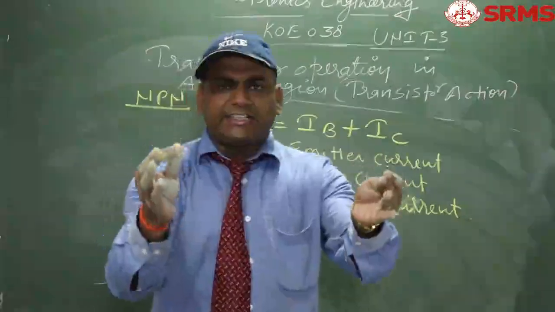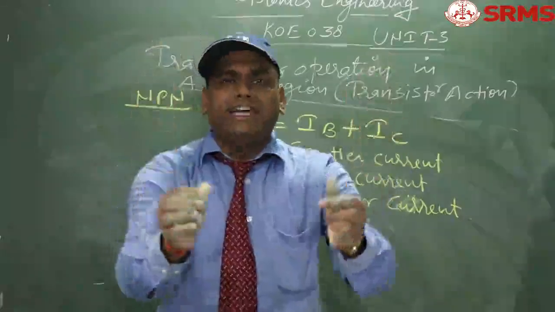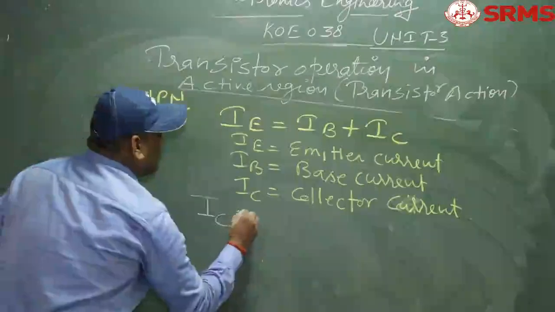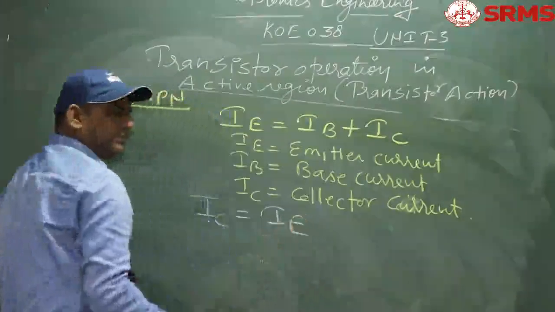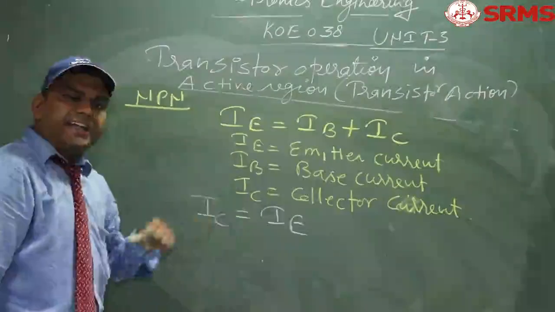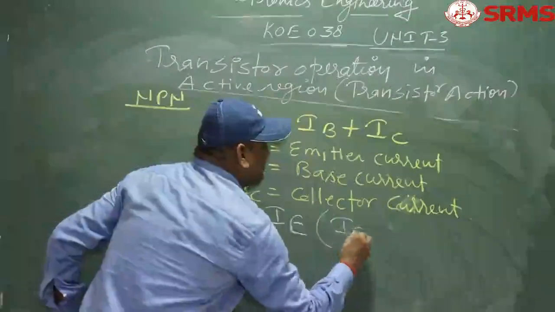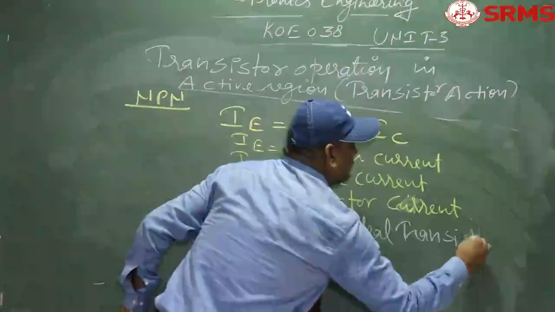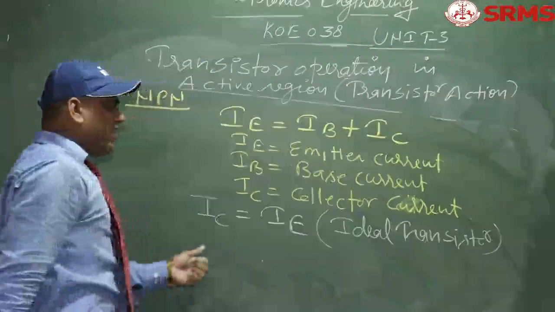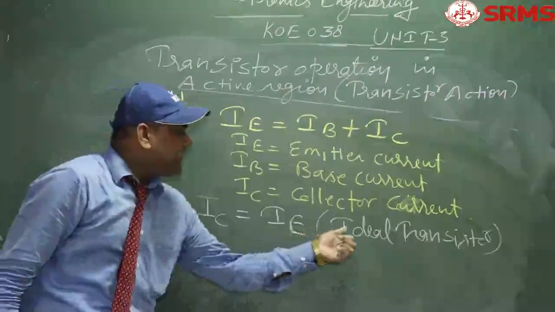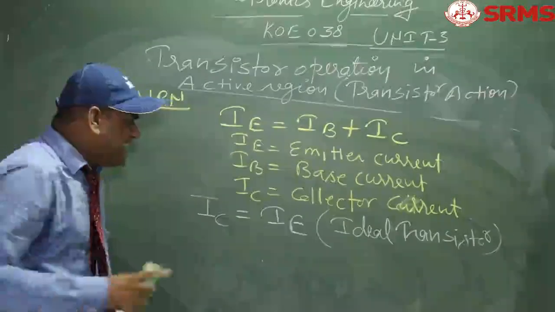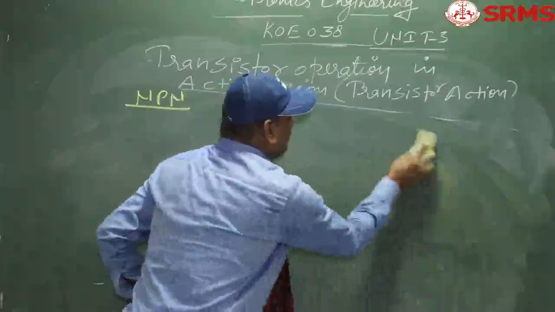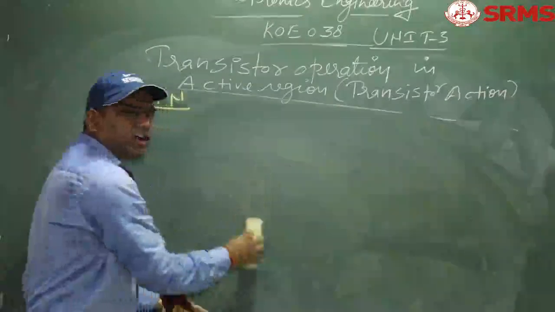So for the given transistor action, you can define IC is equal to IE. This is for the ideal transistor. But if IC is not equal to IE, this is from circuit operation.